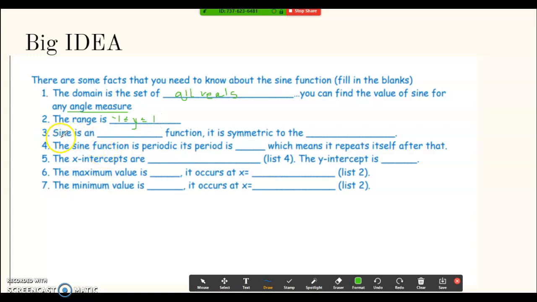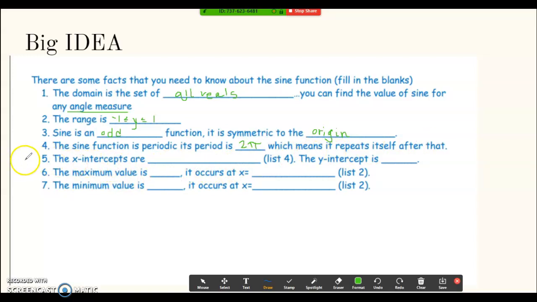Now the sine is going to be an odd function, which means that the symmetry for sine is going to be around the origin. The sine function's period, or how long it takes to do its thing, is going to be 2 pi. And after that, it'll repeat itself.